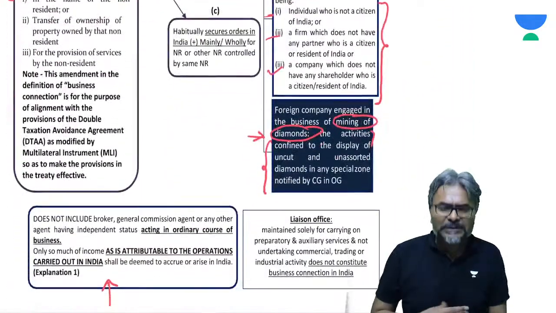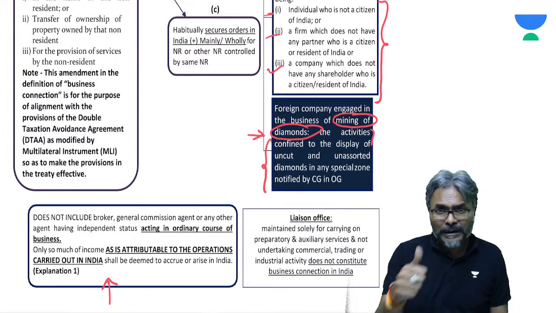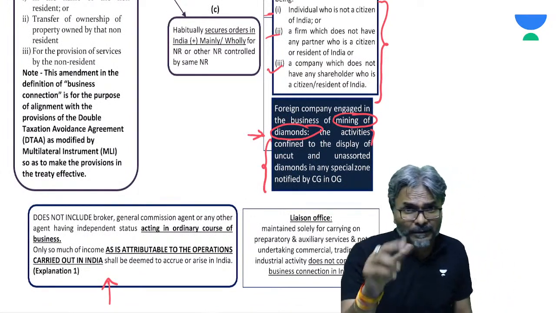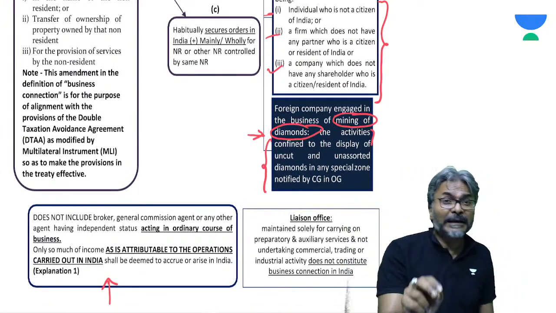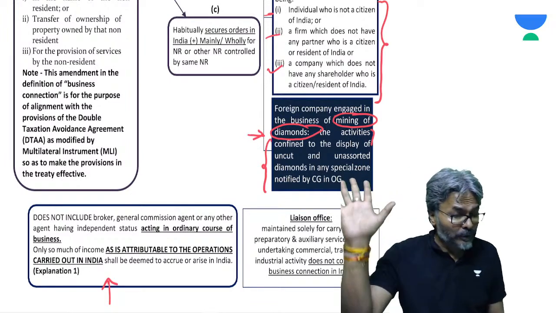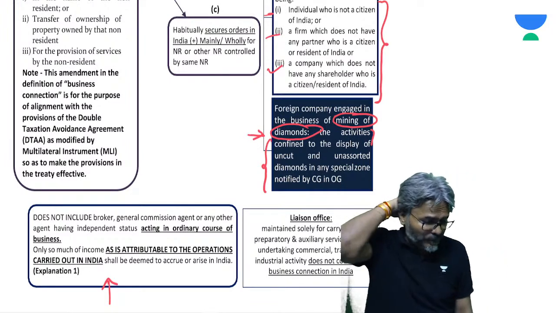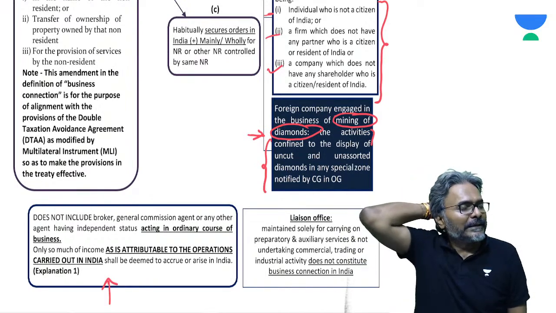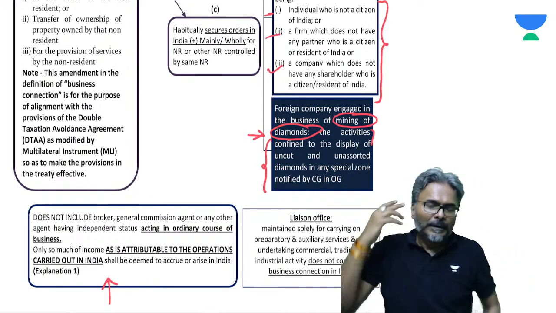One last point, students, which I want to tell you before I go to my next point on business connection, which is again a very important point: significant economic presence. But before I touch that, the last point. Students, in the examination, be careful.